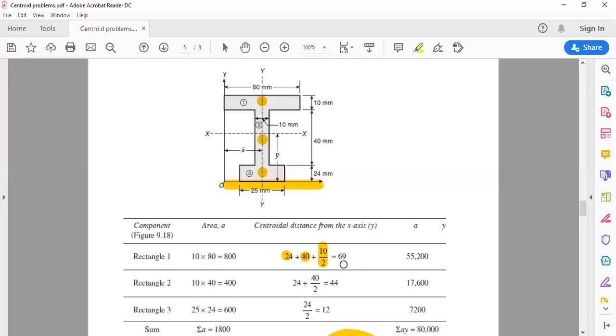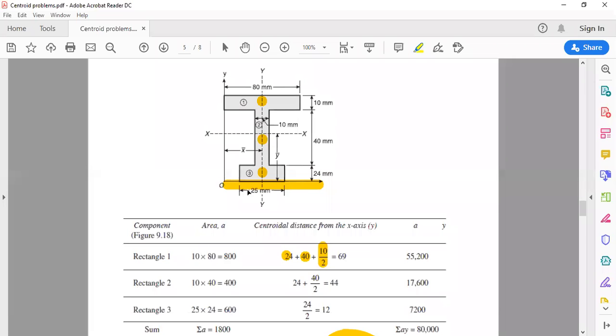Now the next, rectangle 2. For rectangle 2, the thickness is 10 and the height is 40. So the area is 10 into 40, which is 400. Next, I want y bar. Y bar is the distance of the centroid of the second rectangle from the reference x-axis.